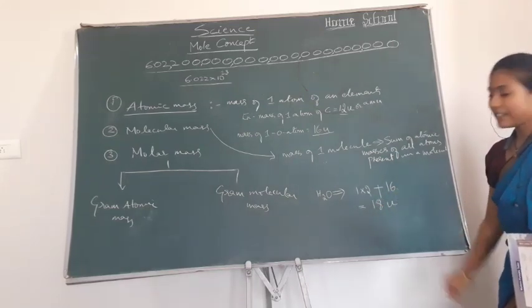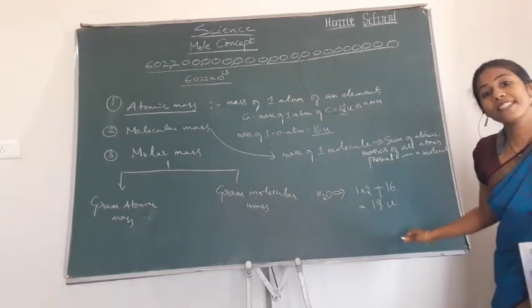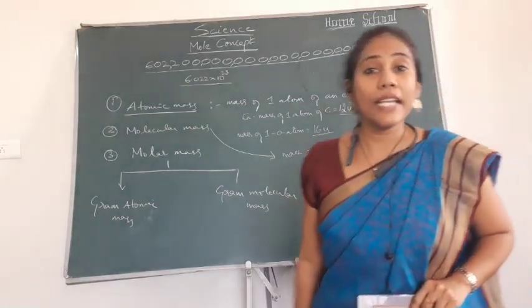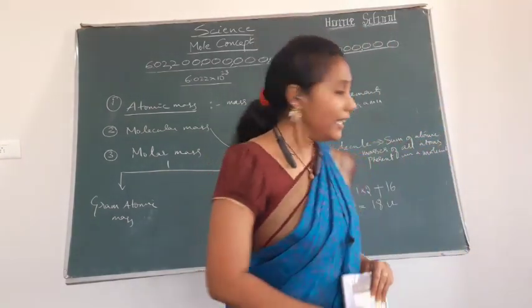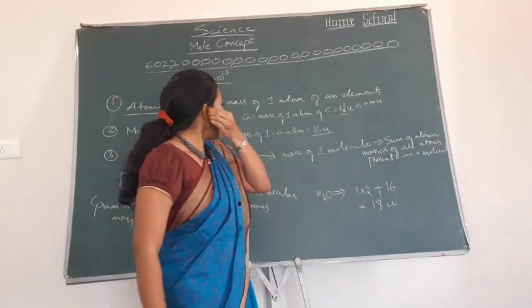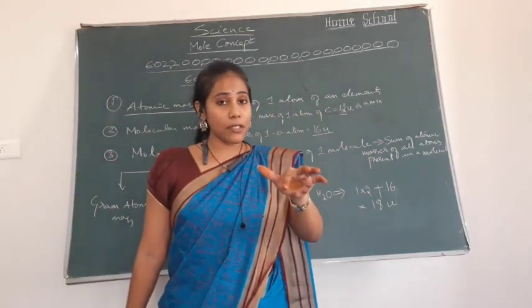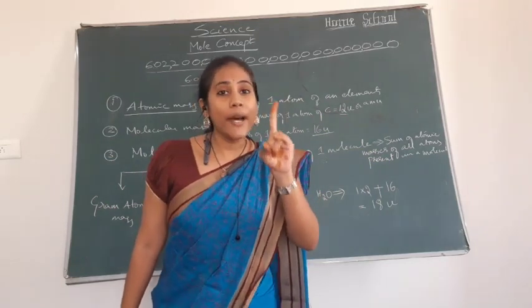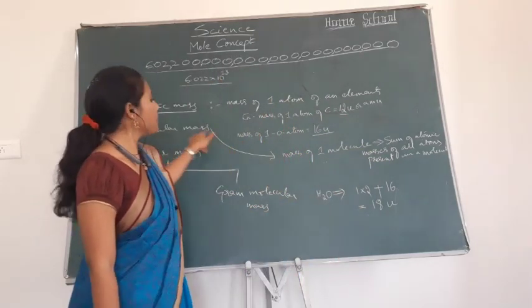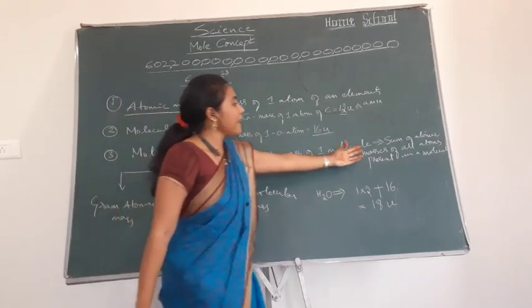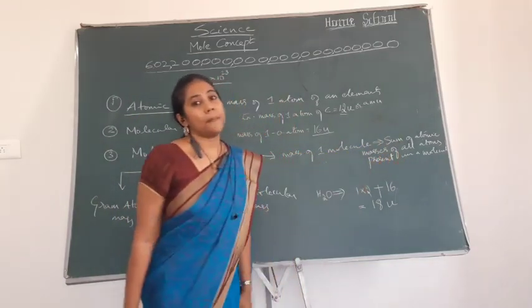The unit here is U. Again, U is the unit for molecular mass. Clear, everybody? See, it is the mass of one molecule, not many molecules. Mass of one molecule we call molecular mass, and this is how we calculate it.